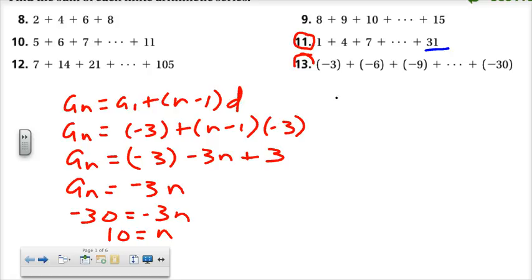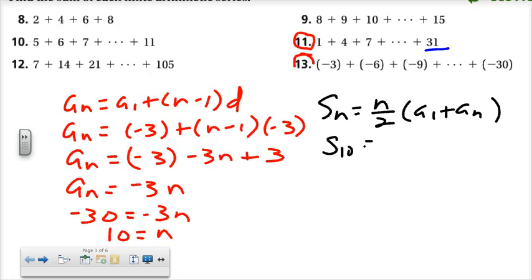So now we have our lovely little formula for the sum of an arithmetic series, and we know that that negative 30 is the 10th term. So that goes in for n. The first term was a negative 3, and the 10th term, the last term there, was negative 30.